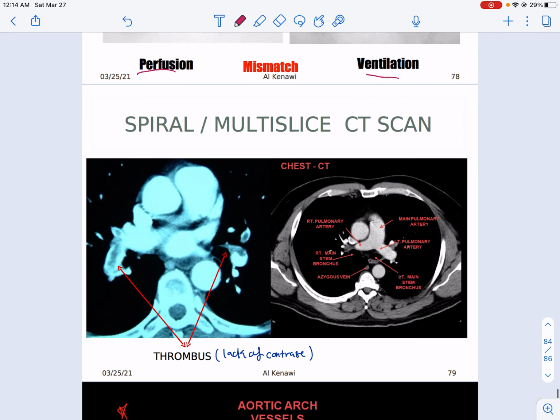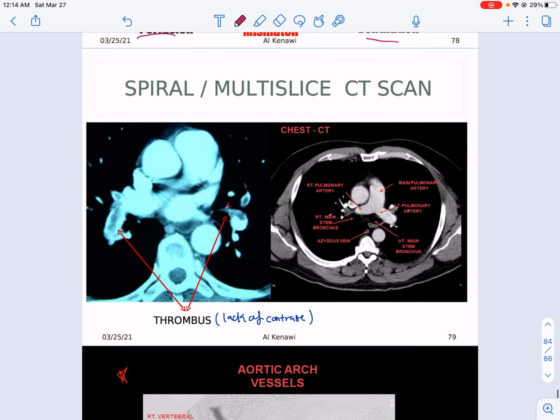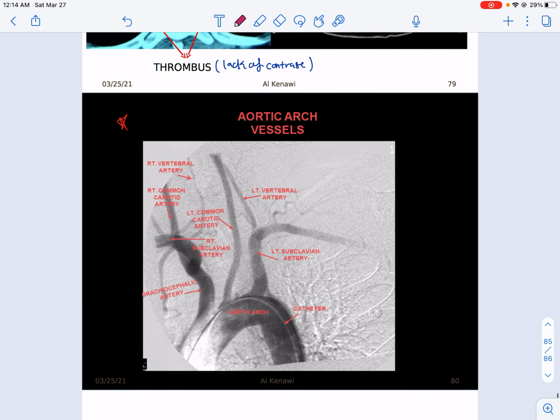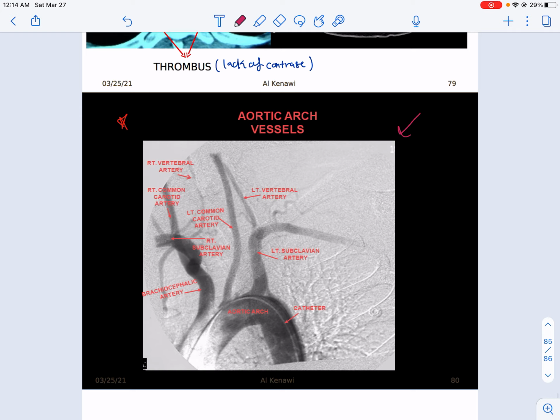Also here is a CT of the chest with contrast. If there is a lack of contrast in some of the vessels, we can say that this is a thrombus. And here is some anatomy for the aortic arch vessels.